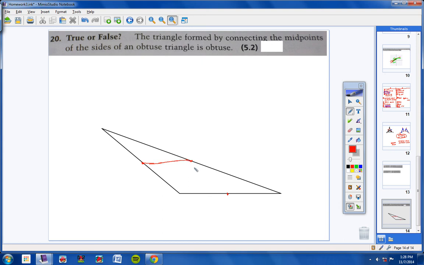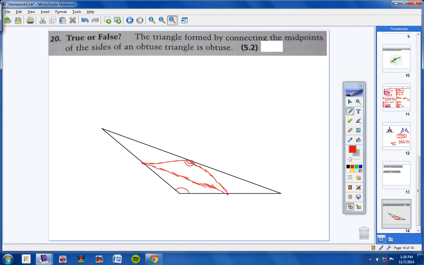Now I'm glad they didn't ask us to prove this. I would not even want to try to prove it. But students, the answer is yes. And it's always going to be true. And here's why. Because of this really wide angle here being larger than 90 degrees, this point here is always going to be further to the left than this point here, in such a way that this angle here, right here, will always be obtuse.